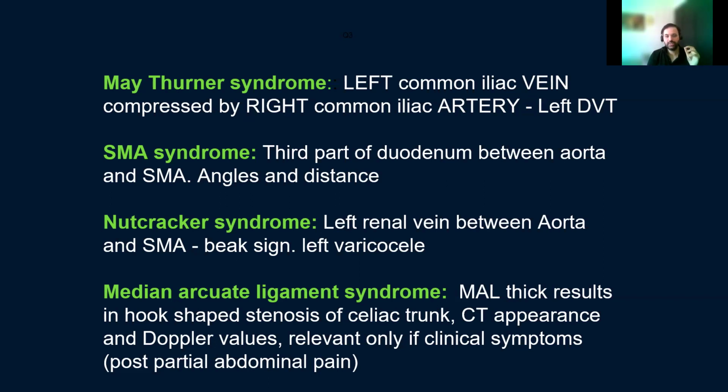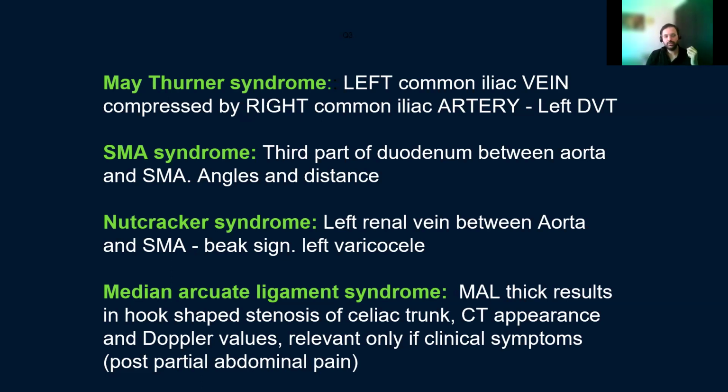If you've ever looked at your CT abdomen images, especially on the sagittal arterial phase images, you will usually appreciate a good amount of fat between the aorta and the SMA. That is where the duodenum runs through.